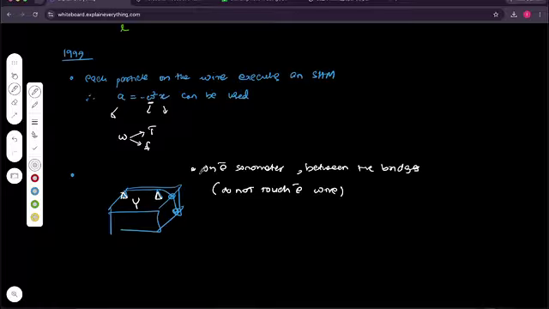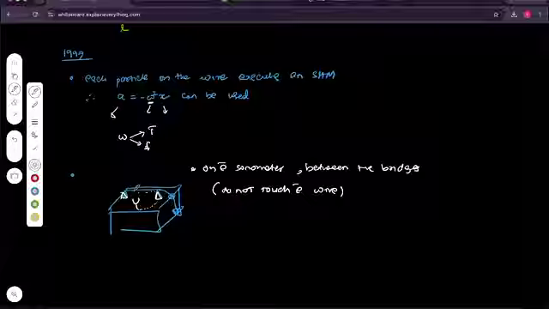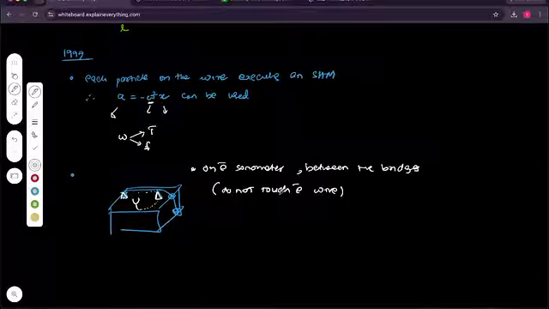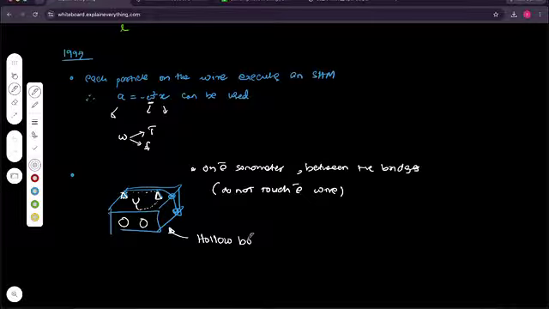So why do we need to place it like this? This is to ensure efficient energy transfer, because the energy now can go through the tuning fork to this bridge and then to the wire. Okay, so it's efficient. Then the sonometer box is also hollow. This is not a solid box, this is a hollow box.